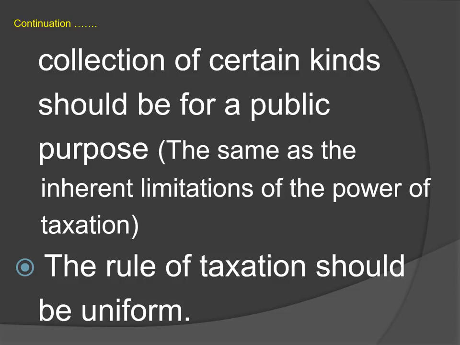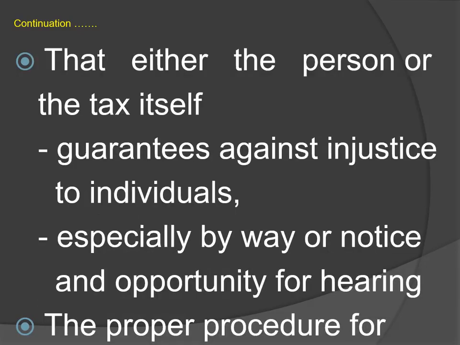Third, the rule of taxation shall be uniform and equitable. That either the person or the tax itself guarantees against injustice, especially by way of notice and opportunity for hearing. But remember, the notice and opportunity for hearing is a judicial concept the moment the tax is going to be collected.